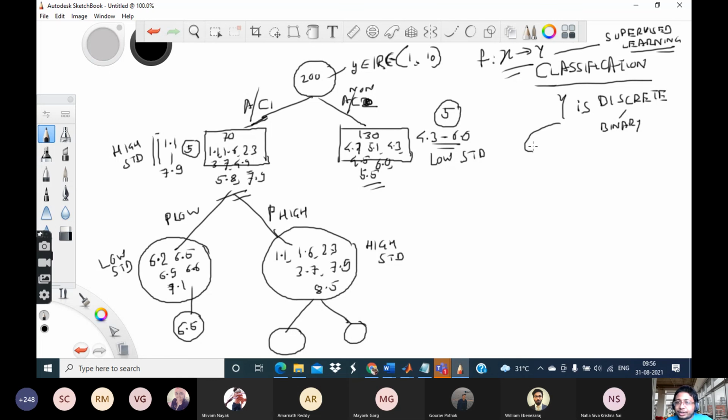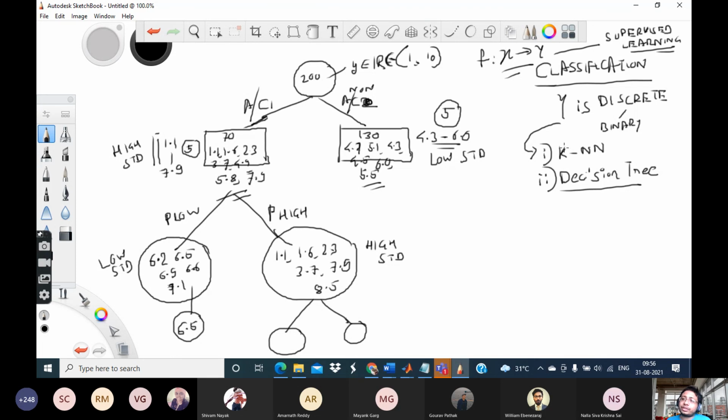So what is the first algorithm we learned related to classification? That was k nearest neighbors. And the second algorithm we learned is decision tree. In k nearest neighbor, we saw various different variants.